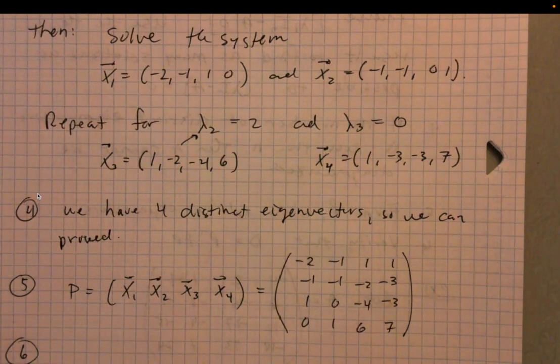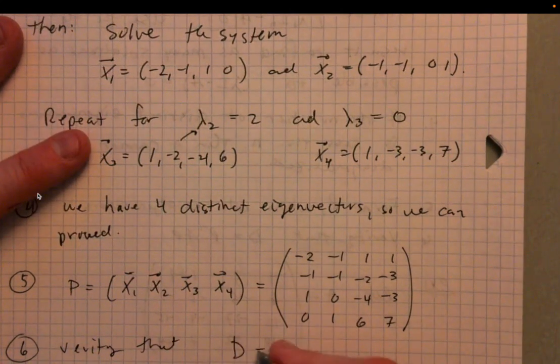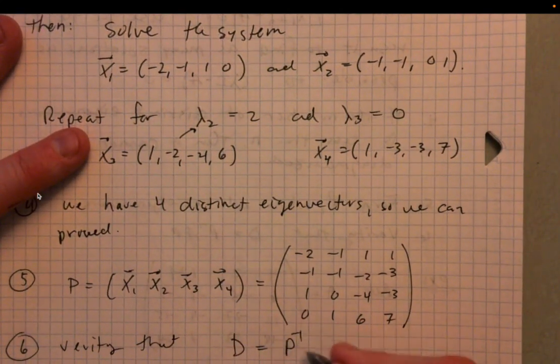Once we've got our matrix P, we know that P has an inverse because it has 4 distinct eigenvectors. It's full rank. So P is invertible, and we can verify that D is equal to P inverse AP.